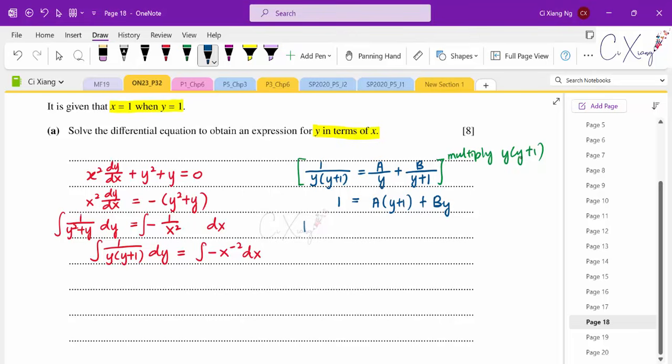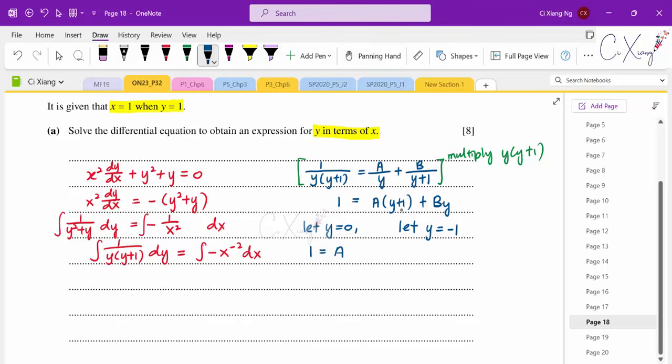Okay, so we need to find the values for A and B. First, I will let y equal to 0 so that I can get rid of the B. If I let y equal to 0 and substitute it into the whole equation, you're having 1 equals to A. So very easily, you can get the value for A. Then now, I will let y equal to negative 1.